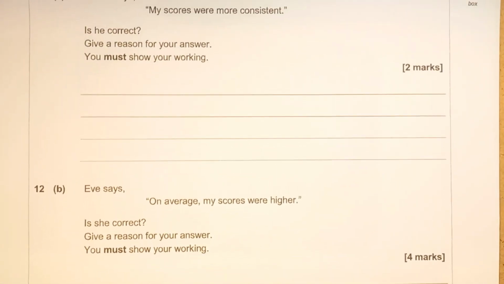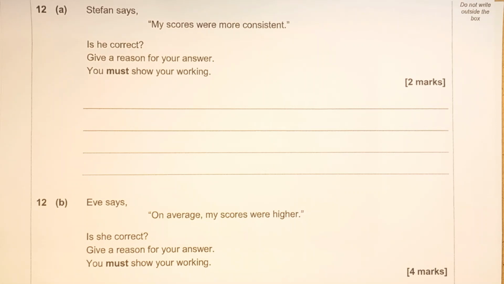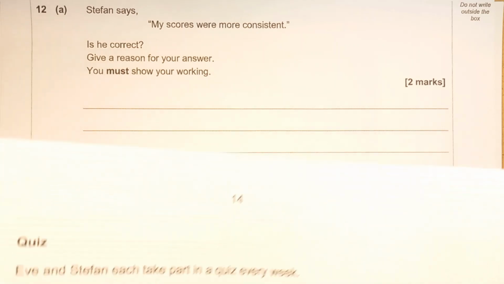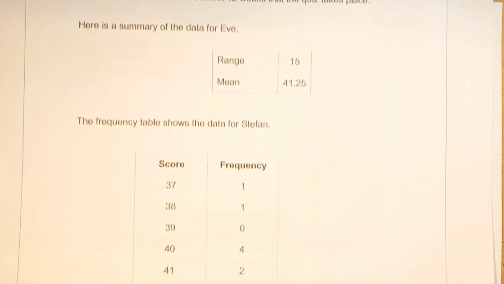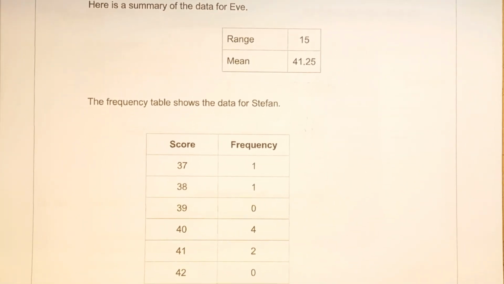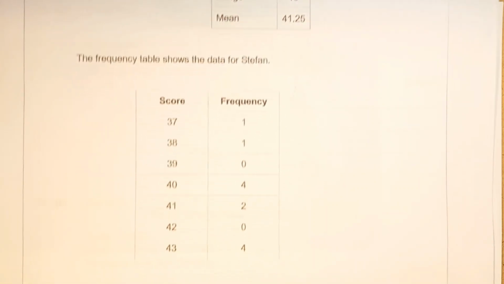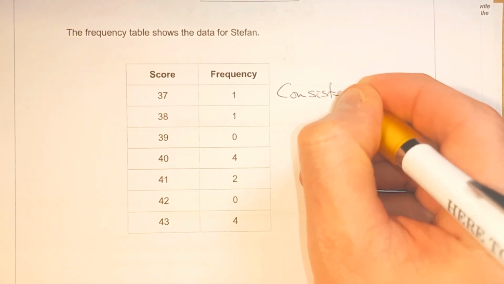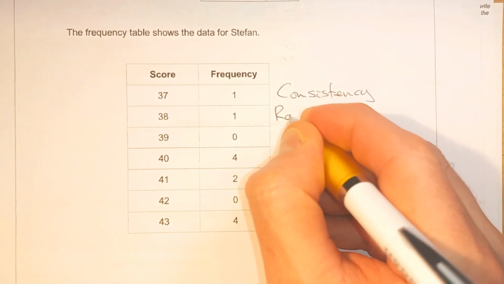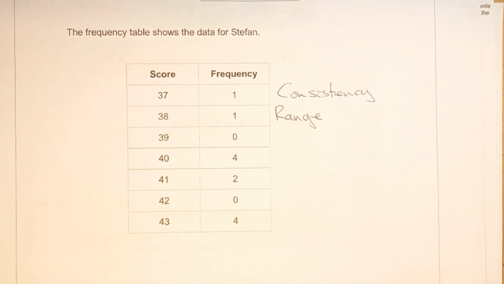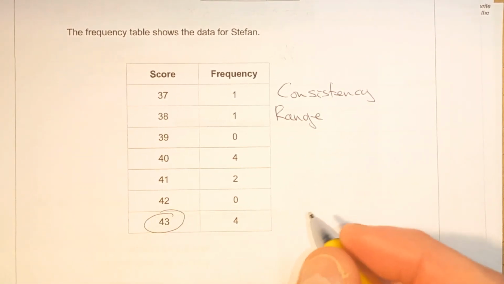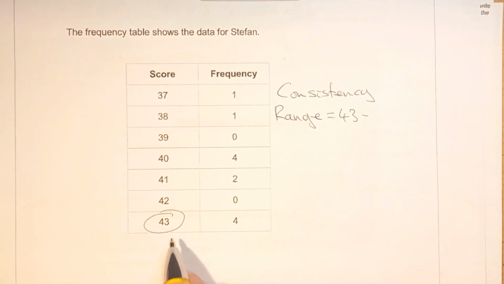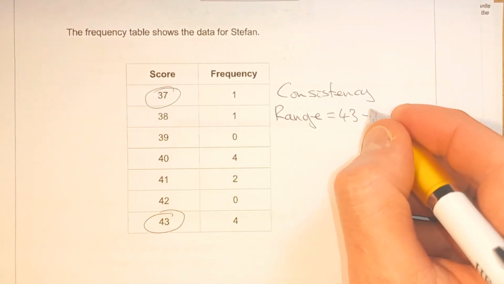So, 12a. Stefan says, my scores were more consistent. Is he correct? Give a reason for your answer. You must show your working. Right, well, if we're talking about consistency, we want to be looking at the range, because that's how much the scores are varying. Okay, so let's put consistency, and then we're going to do the range, which is the biggest number, which in this case is 43, minus the smallest number, which is 37.